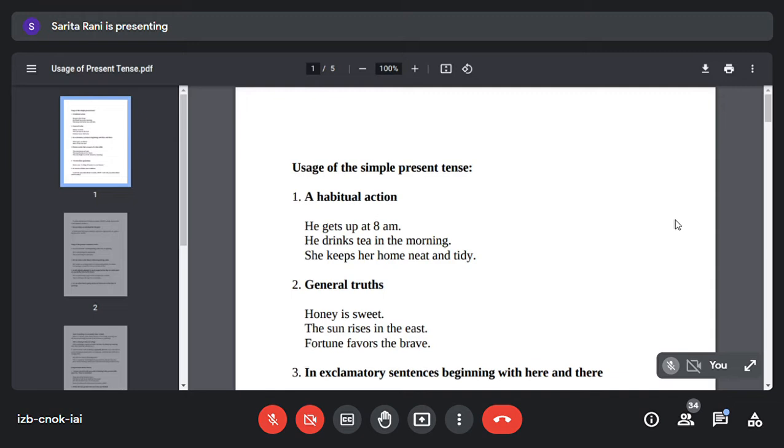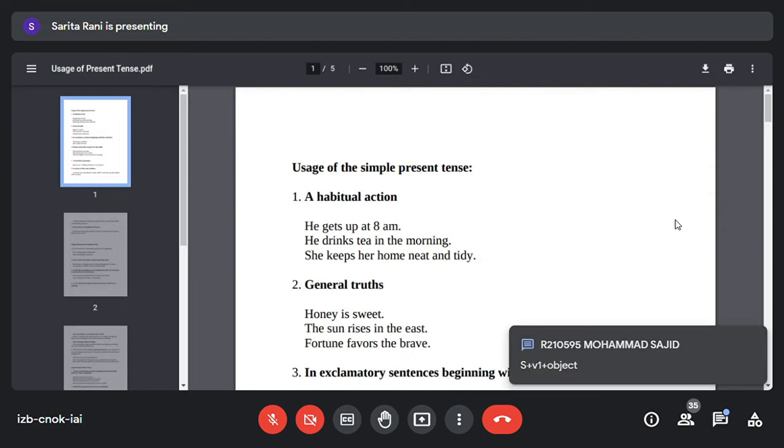For example, all the actions which we regularly do on a routine basis should be written in the structure called simple present tense. Before we write the sentence on a habitual basis, I want you to write down the structure of the simple present in the chat box. Sajid has written.